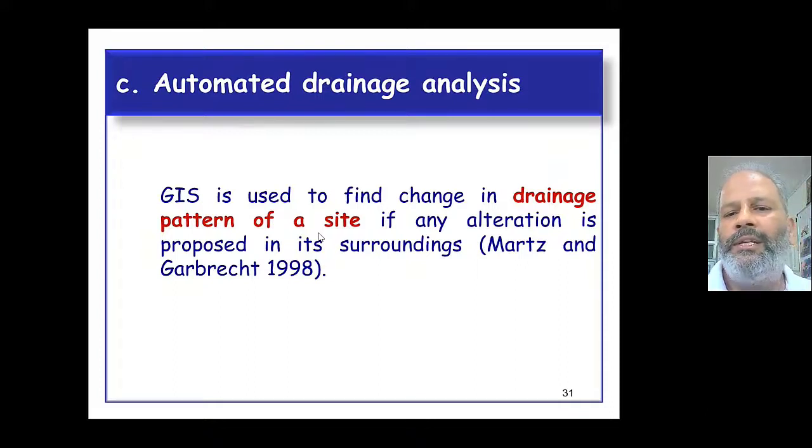Then automated drainage analysis. Let us suppose somehow the site gets flooded. In that case, GIS helps in maintaining spatial information about the surroundings, so quickly we can plan how to drain that site to start construction there again.